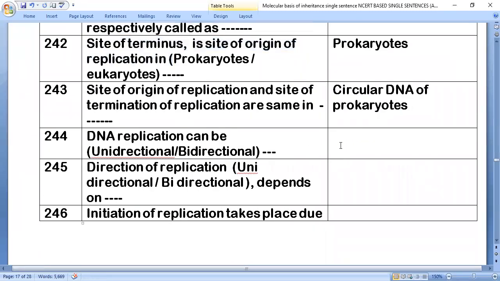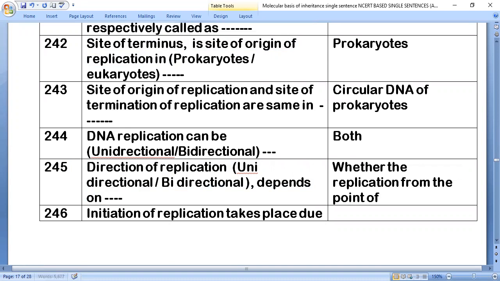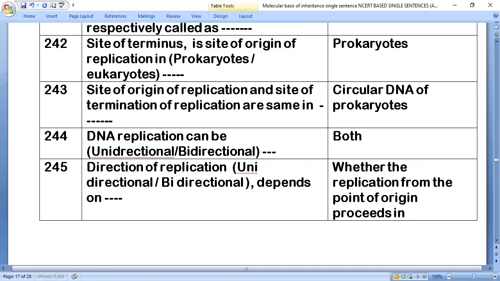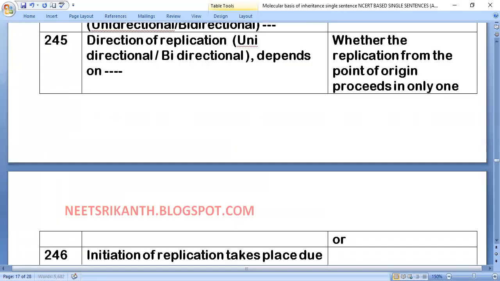DNA replication can be unidirectional or bidirectional. The direction of replication depends on whether the replication from the point of origin proceeds in only one direction or in both directions.